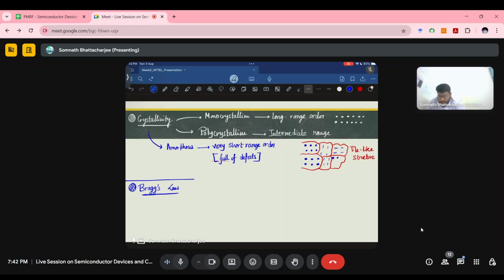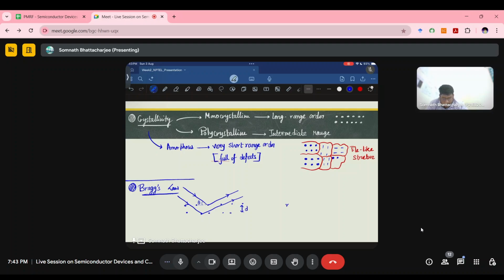I'm not going into the basic derivation of Bragg's law, but the basic concept is that in a structured, crystalline solid, if there is a very high energy electron beam coming, and this angle is, let's say, theta, which is called the grazing angle, and the space between the planes, the lattice constant, is d.